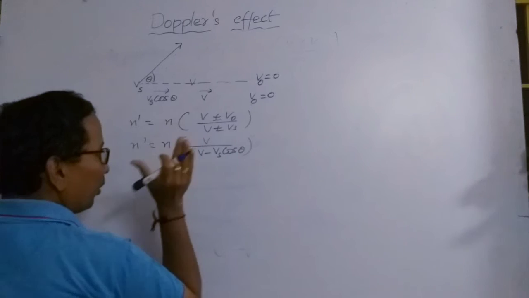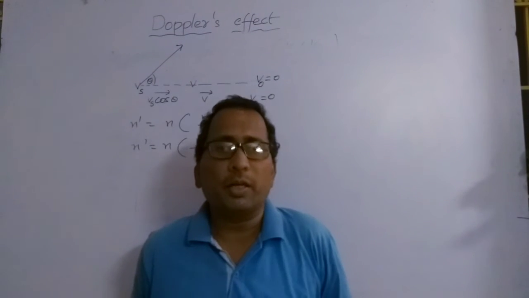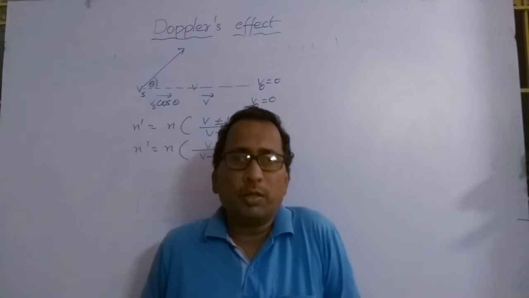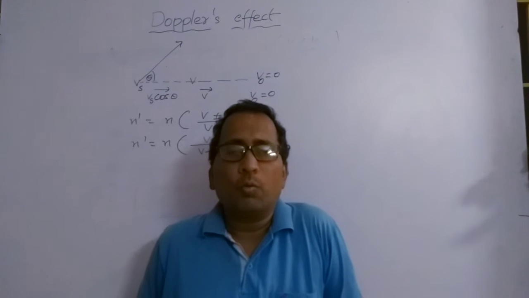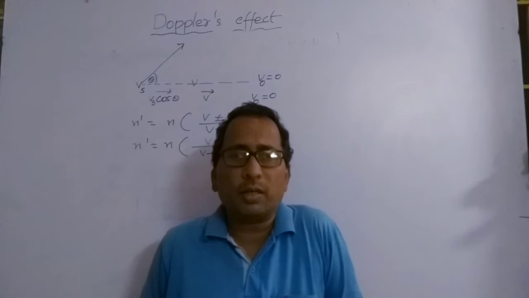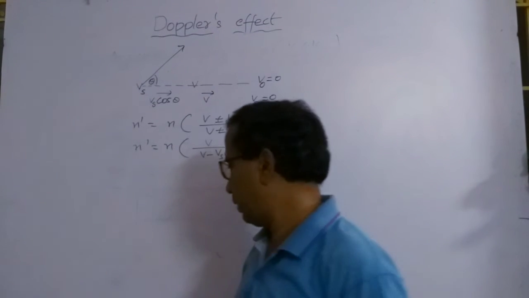Now if some angle theta is mentioned, then the same formula applies, but instead of vs or vo, we have to take the horizontal components vo cos theta or vs cos theta.